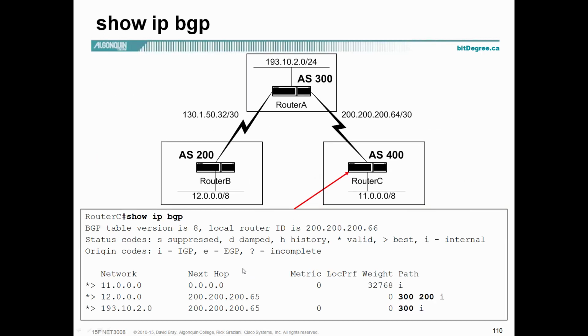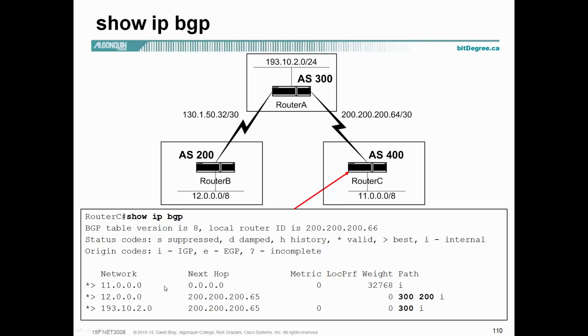A lot of the examples we're about to look at are centered around this particular topology. In this topology we have three different ASs: AS 200, 300, and 400. In the command on this slide, show IP BGP, we're at router C in AS 400.